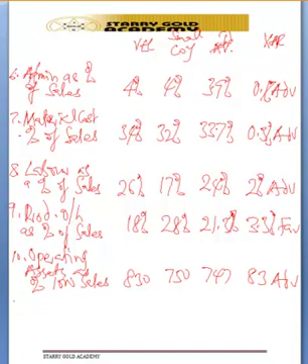You have the next one, 11, which is current asset per 1,000 sales.